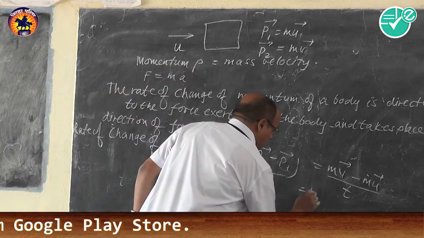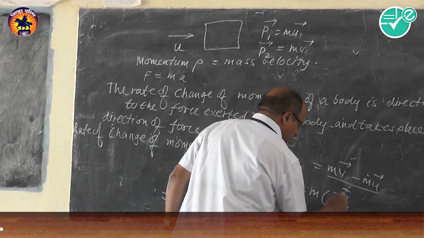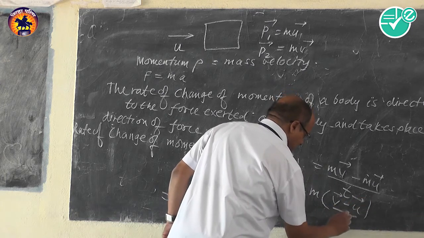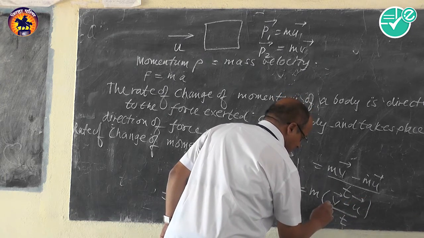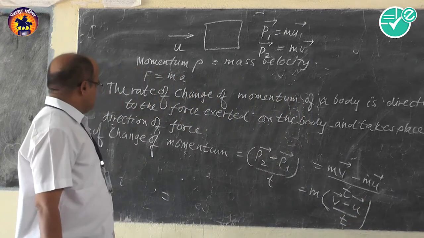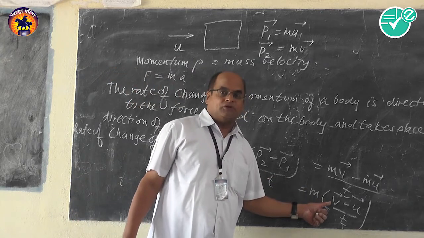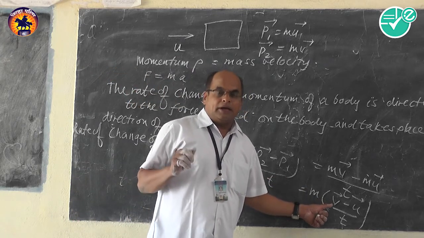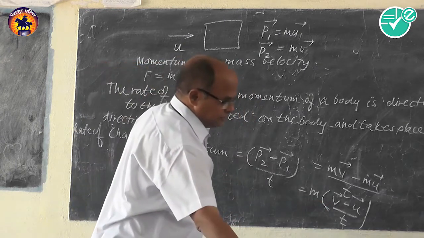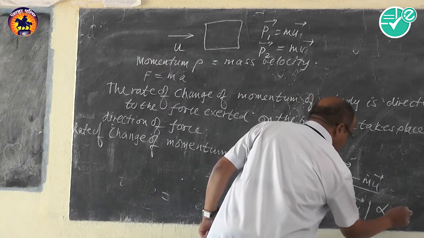Taking m common outside the bracket, in the bracket v minus u upon t. This is the rate of change of momentum and it is directly proportional to the exerted force. So according to Newton's second law of motion, this is directly proportional to force.